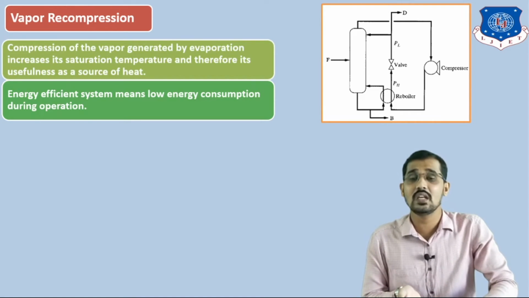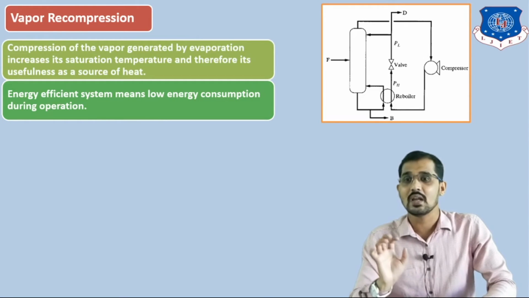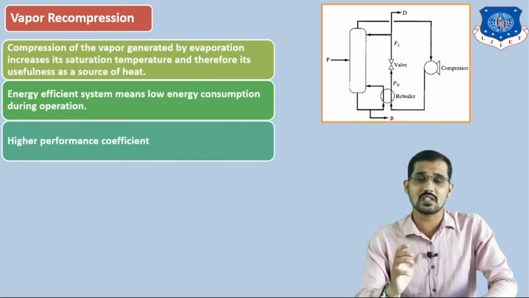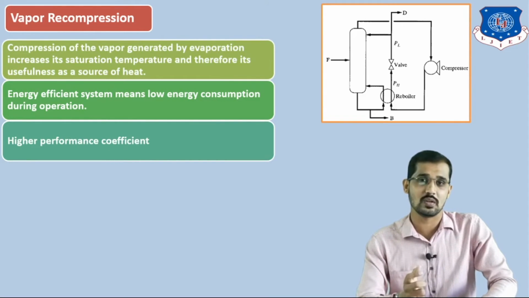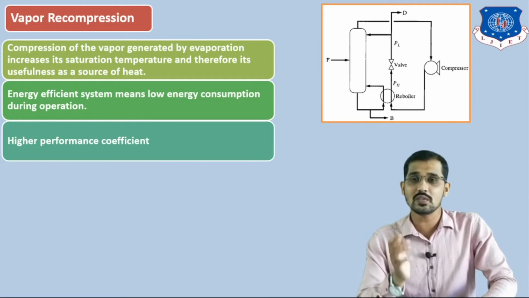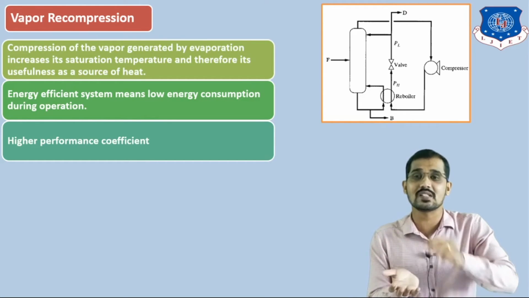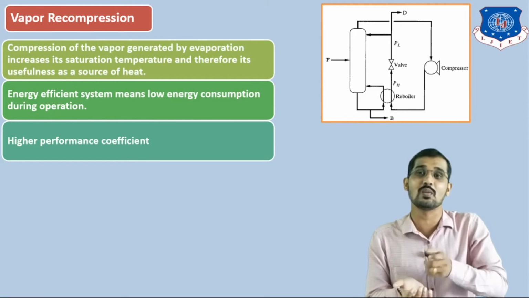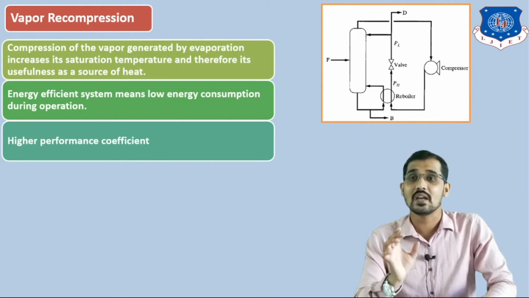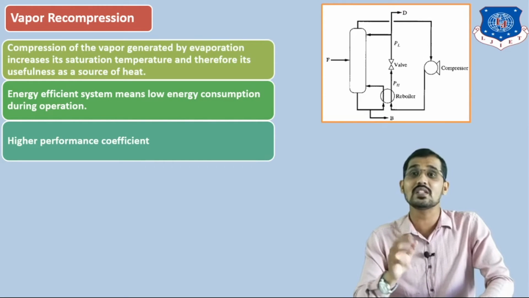That's why I can say we are using minimum energy and this is an energy efficient system. After that, this system has a higher coefficient of performance, because here we are using the process integration concept, using vapor generated from the distillation column as the heating source in the bottom section. That's why this is an energy efficient process and the coefficient of performance for this system is higher.